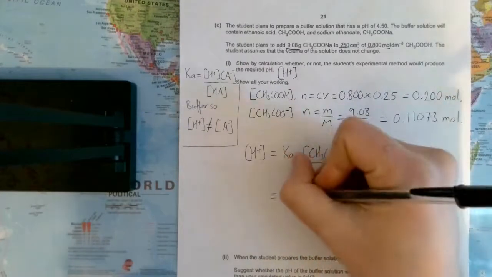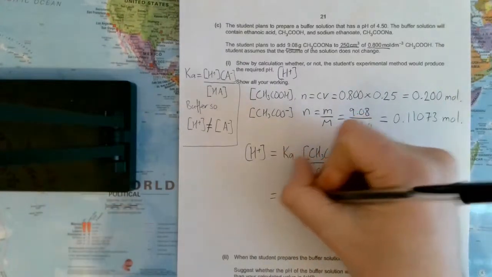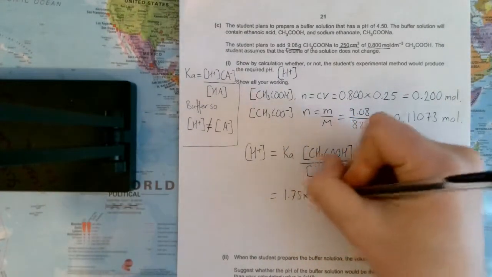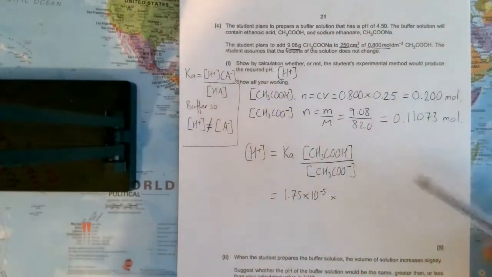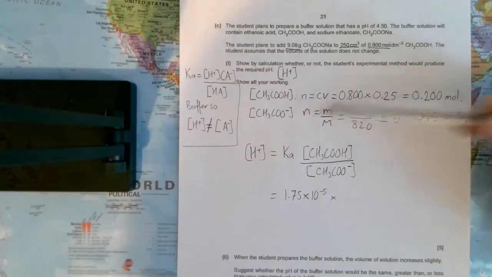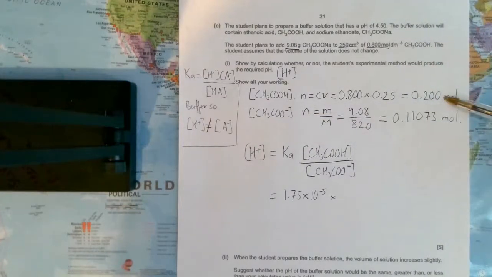So this equals, from the previous question, 1.75 times 10 to the negative 5 times by, now here's where it doesn't matter that I've used the number of moles because the ratio is going to be the same.